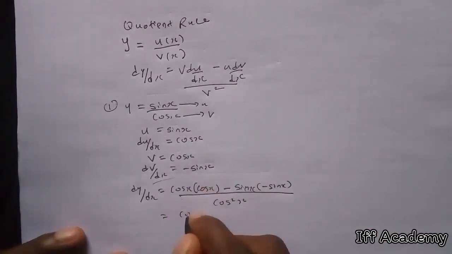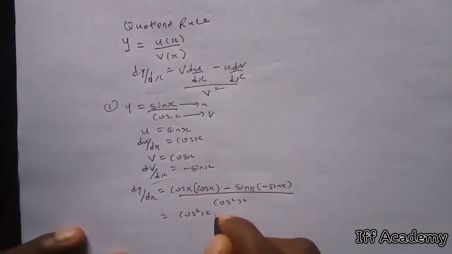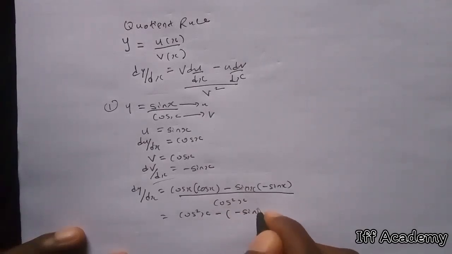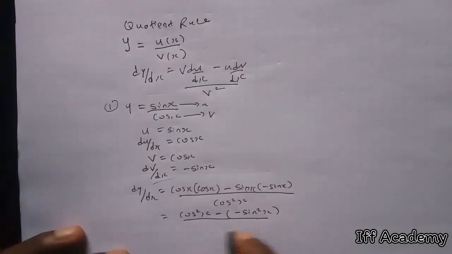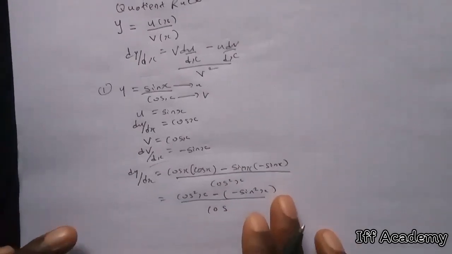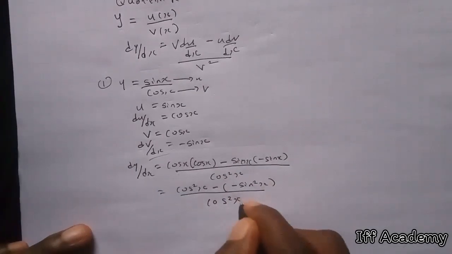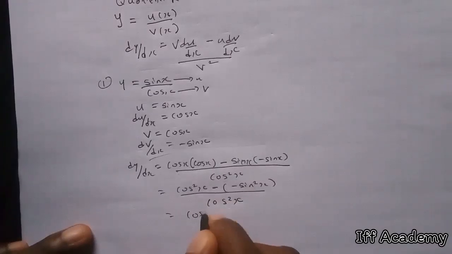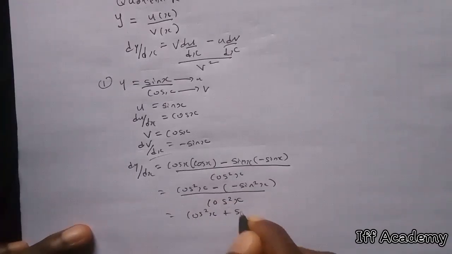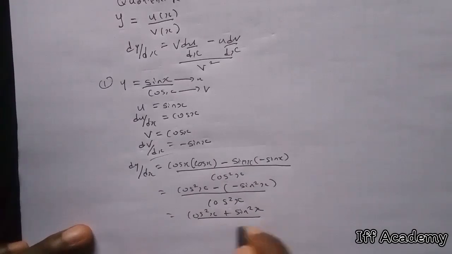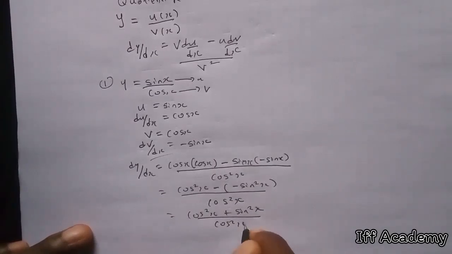So I have cos squared x minus sine squared x over cos squared x. So this gives me cos squared x plus sine squared x over cos squared x.